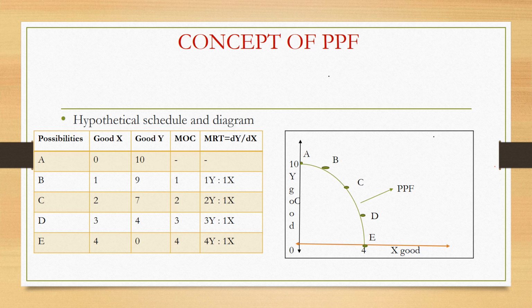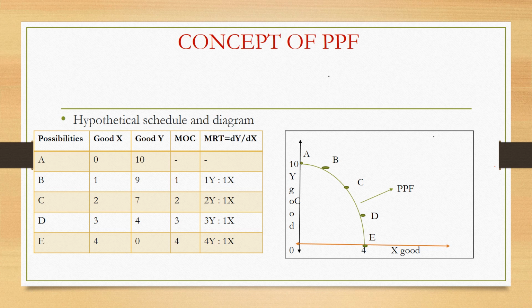MOC is what? It is the ratio of the number of units of a commodity sacrificed to gain an additional unit of another commodity. So the ratio is what?